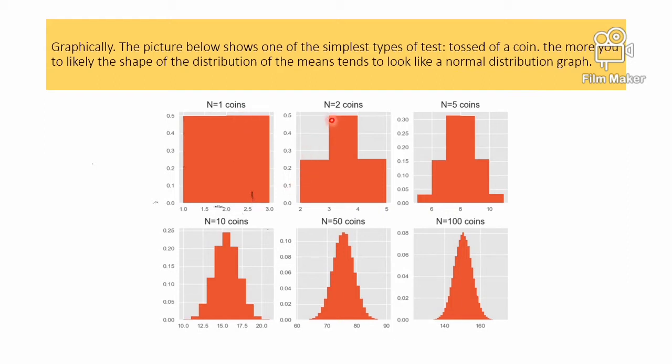While if you have two coins or tosses, this will be the first, this will be the second, and this will be the third. But if you look at the graph, it is likely to tend to be normal.